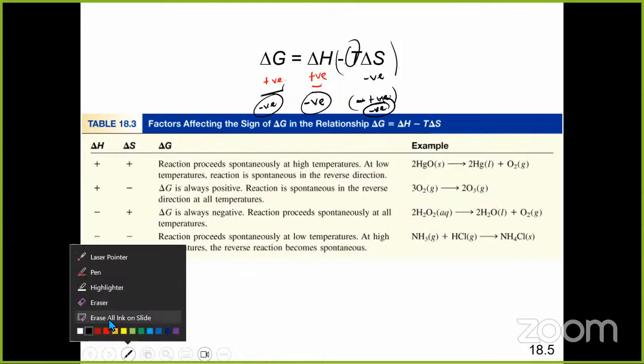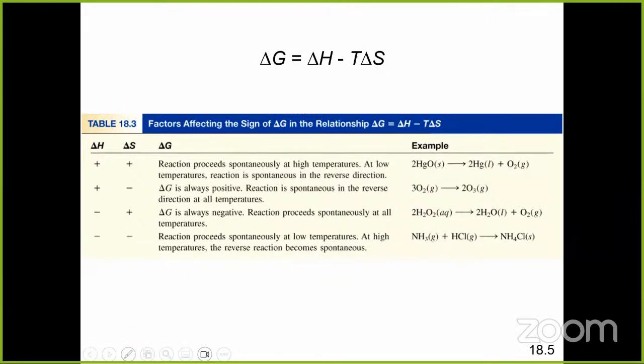In the final one here, if you have delta H, which is negative, and delta S, which is also negative, the question is, what would be the sign of delta G? And the answer again is, it depends on the temperature, right? So let's look at what happens when the temperature is high.